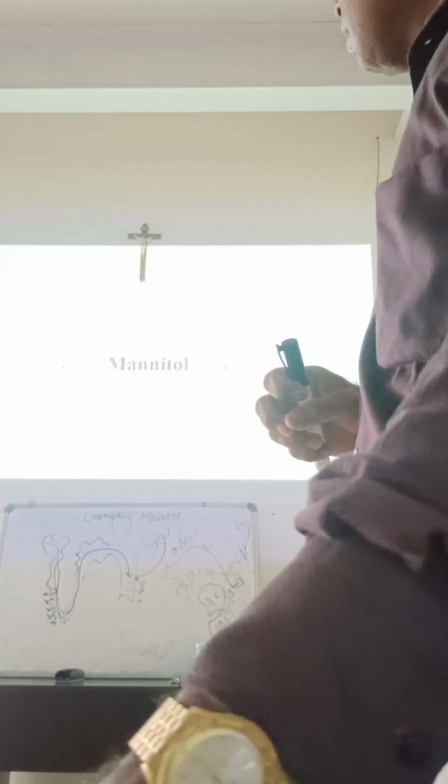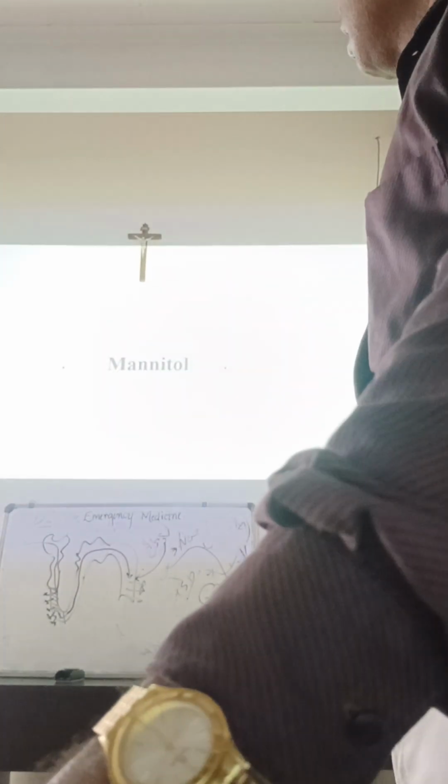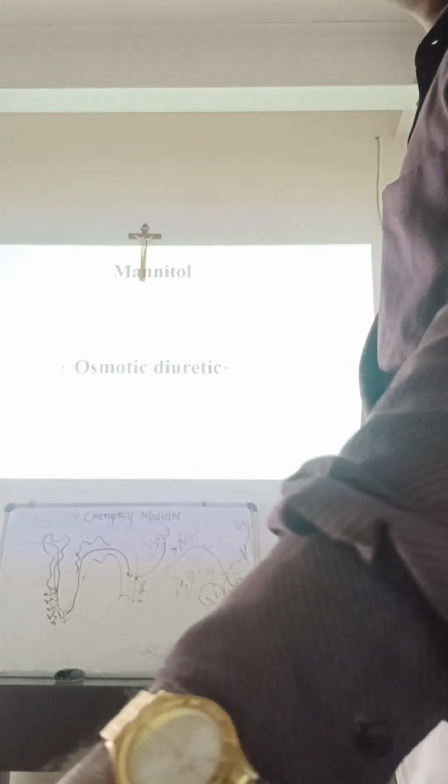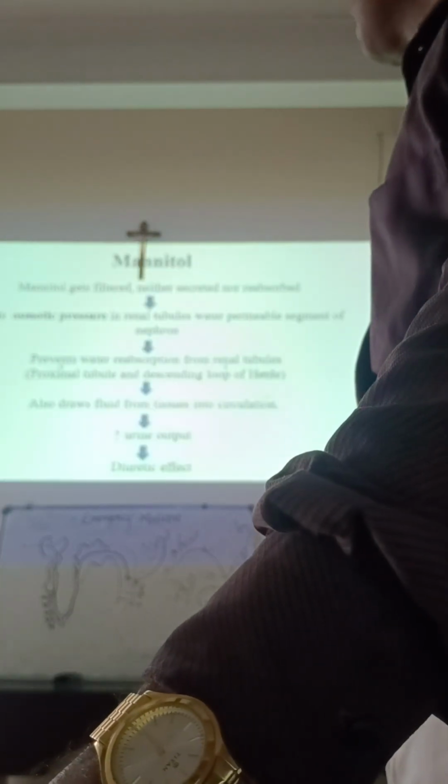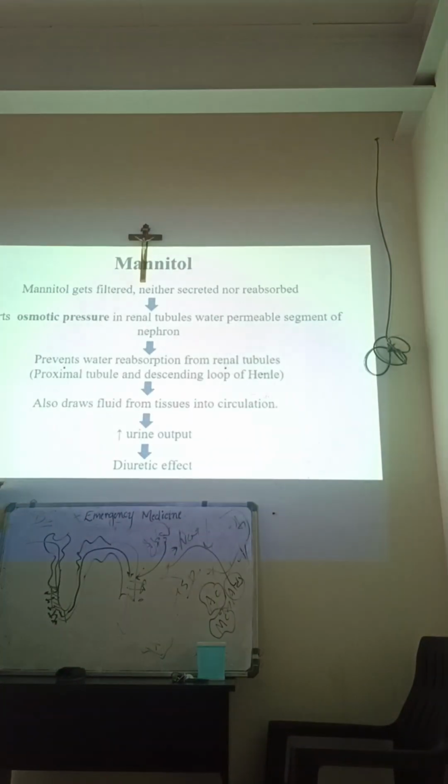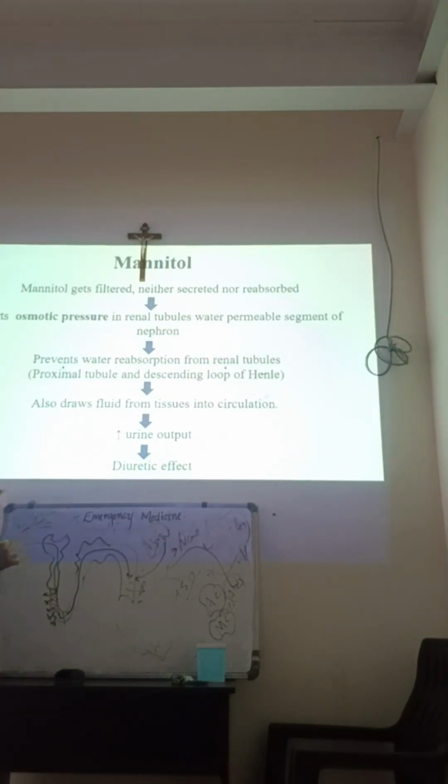Osmotic diuretic. What does it do? Usually mannitol we always give intravenously. If you give orally, it will not get absorbed, and it comes out in the fecal matter, and it causes osmotic diarrhea. What it does is it draws the water wherever it is there.